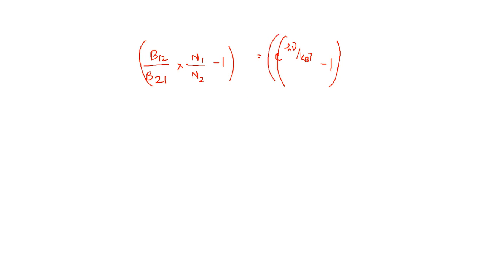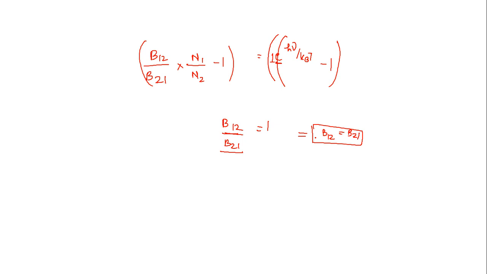Since this side does not have any such term here, we'll consider it to be 1. So it will come to be B12 upon B21 is equal to 1, which states that B12 and B21 are the same. They have equal value. So B12 is equal to B21. This is the relation we have got so far.